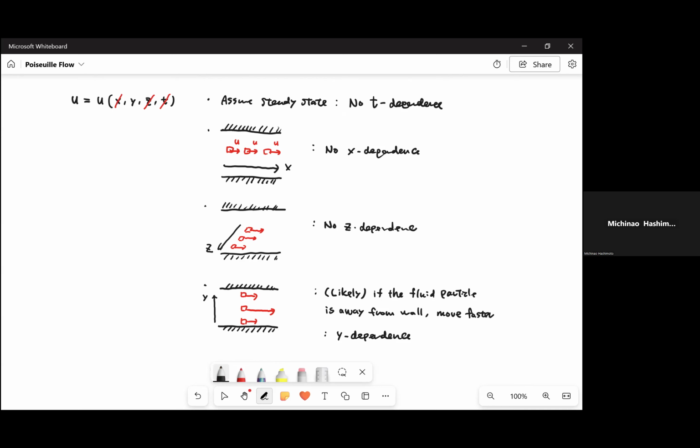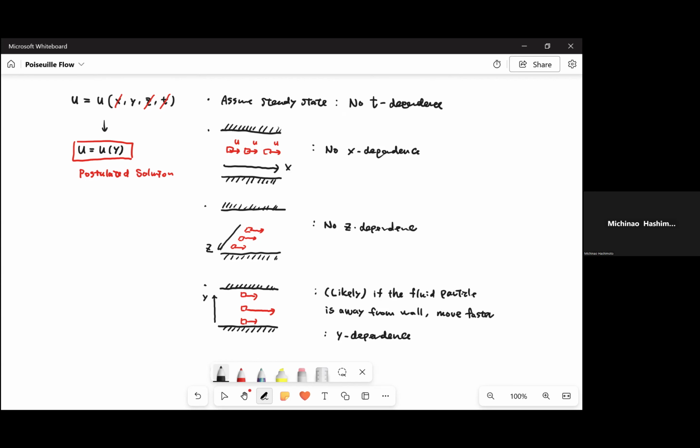So most likely, we can take u equals u of y. This is the postulated solution. You may have noticed the argument is quite similar to the Couette flow, but it's really nice to practice at this point.